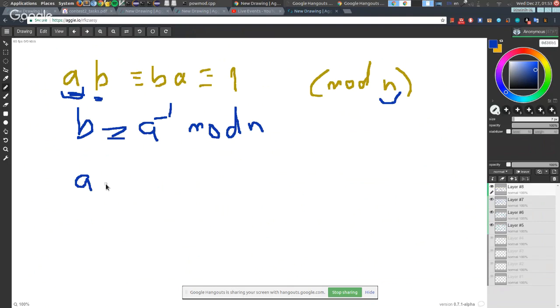Here we have this a, which we can multiply by some coefficient k1, plus k2 times n. This will be the GCD between both of them.